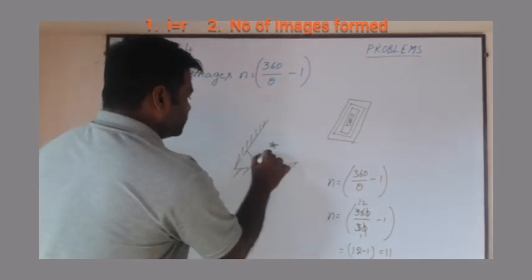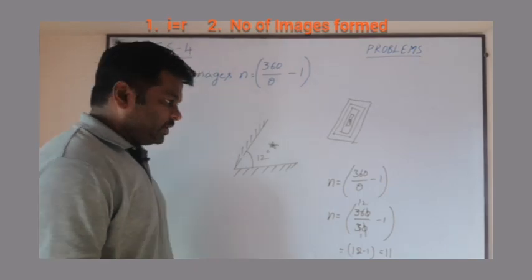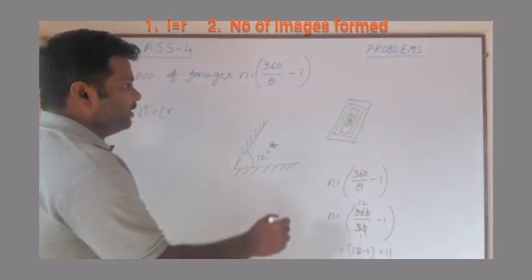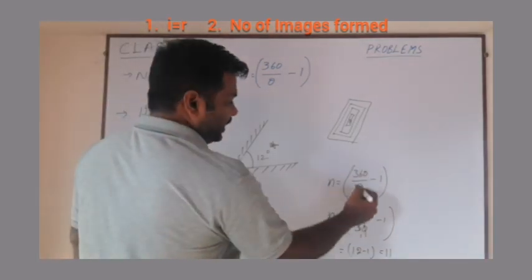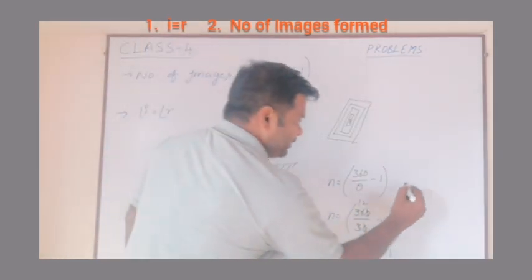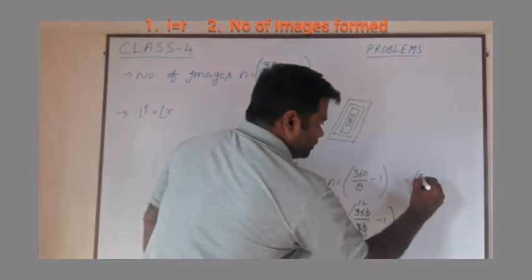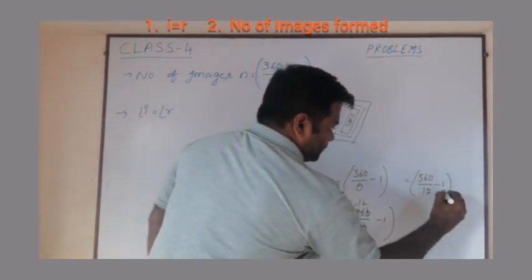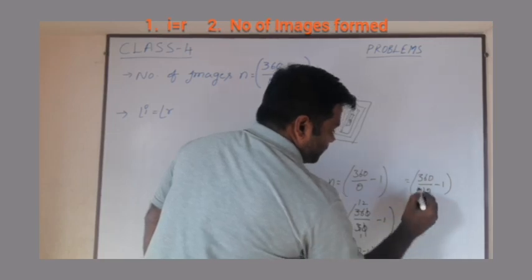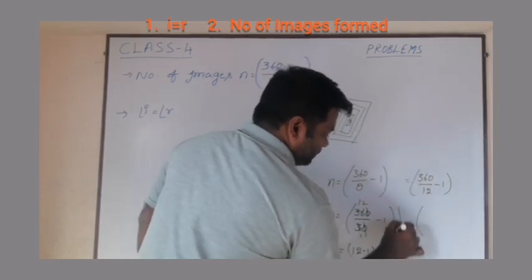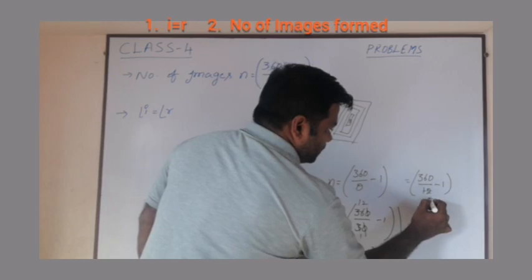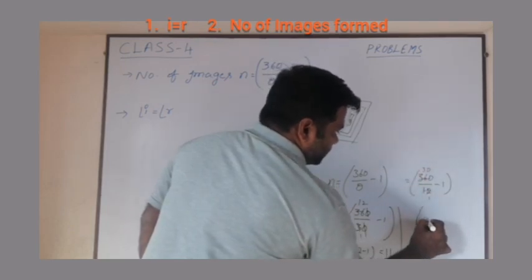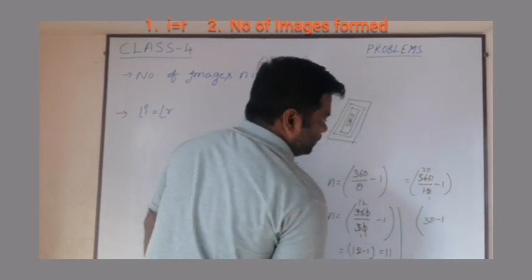If the angle between these two is 12, then how many images? Let us find out with the help of this formula only. 360 by 12 minus 1. How much are you getting? 30 minus 1.